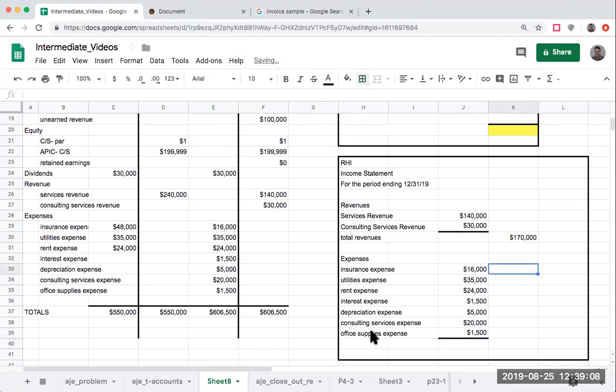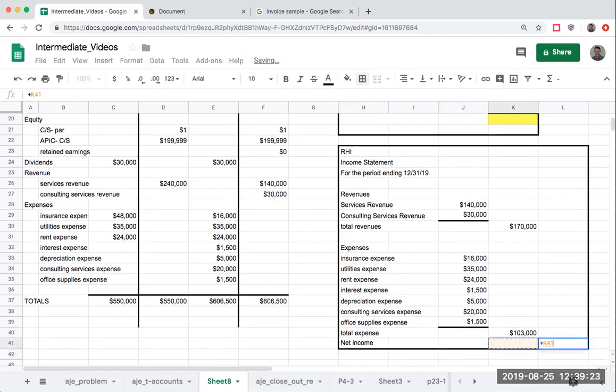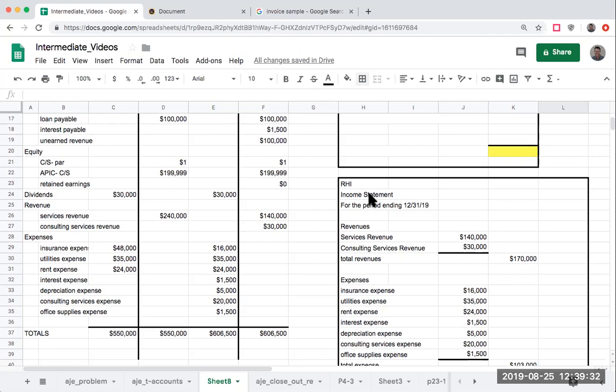So my total expenses here, and again, I'm just pulling these off of the adjusted trial balance, are going to be 103,000. So my net income is going to be my revenues minus my expenses, or $67,000. So that is my income statement.